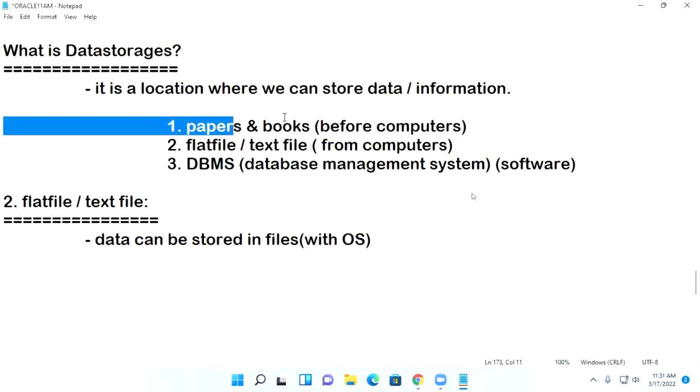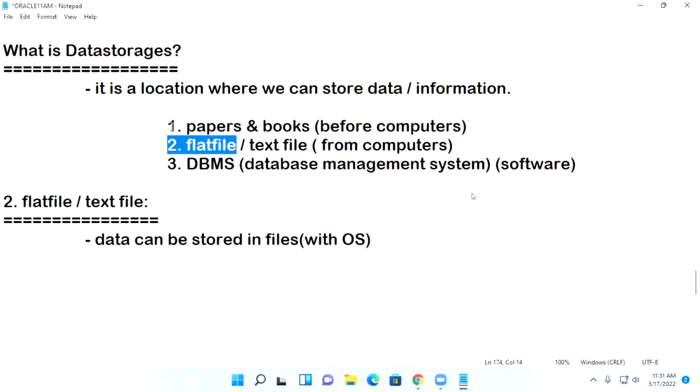So there are few advantages: a computerized system, less manpower, less expenditure, and compared to books and papers, I can store a little more data. That's it. But here also there are so many problems.